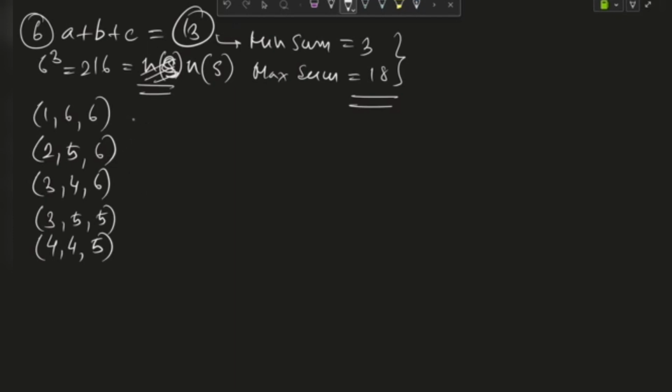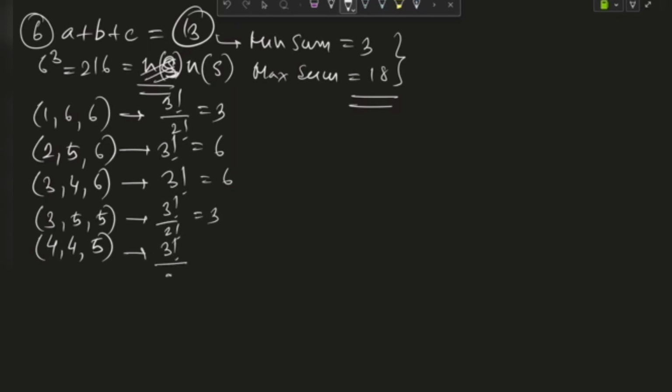So now we will find out the number of cases. For 1, 6, 6 it's 3 factorial by 2 factorial, which is 3. This is 3 factorial, which is 6. This is again 3 factorial, which is 6. This is again 3 factorial by 2 factorial, 3. This is yet again 3 factorial by 2 factorial, which is 3.